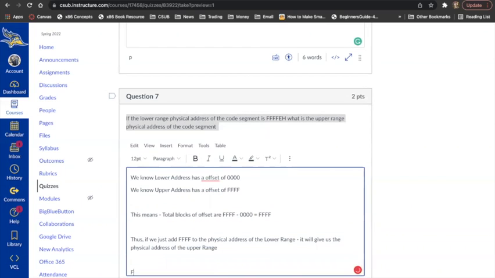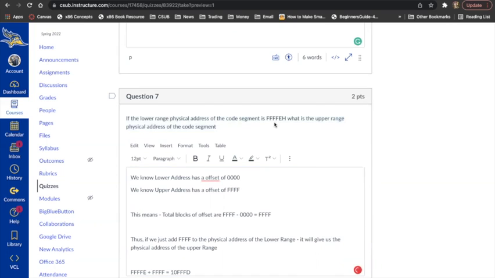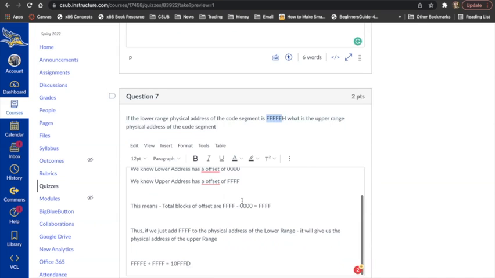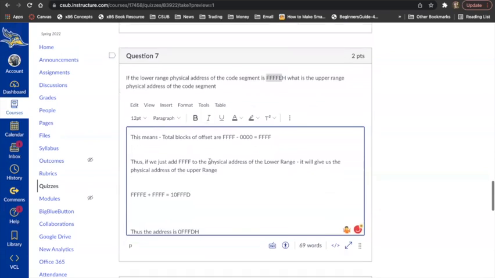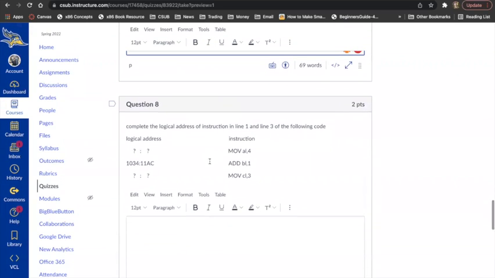This means FFFFE plus FFFF, which gives 10FFFD. But this one has only 1, 2, 3, 4, 5 hex values. We're just gonna take the Little Endian standard, go from the bottom 5. There you go. Okay, next question.